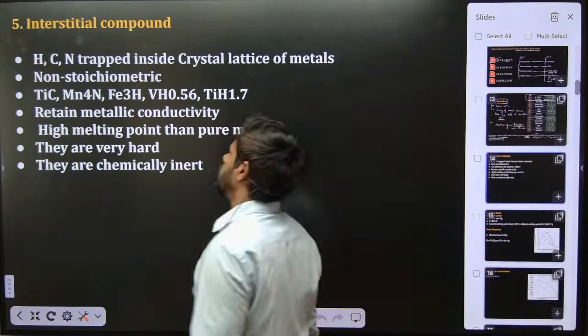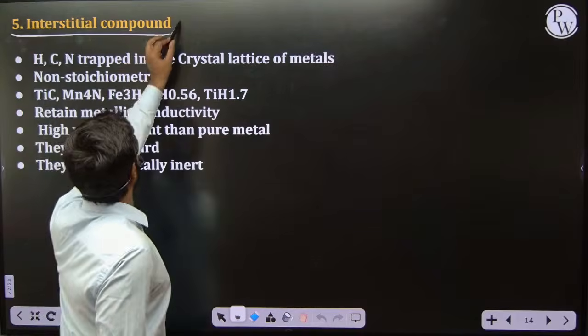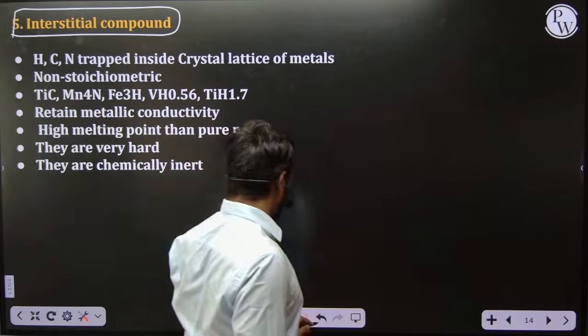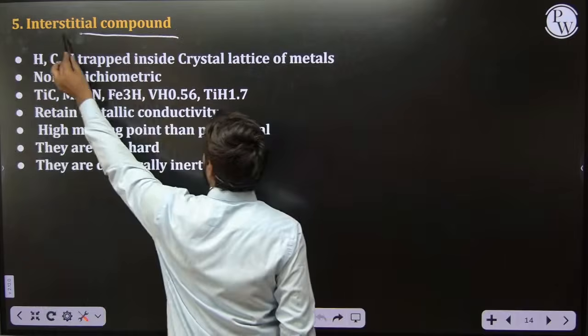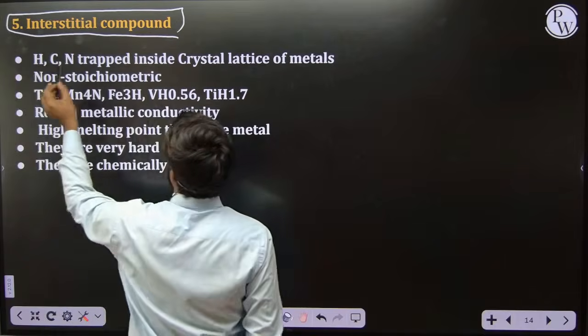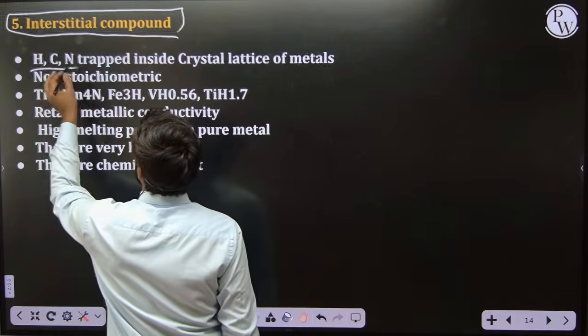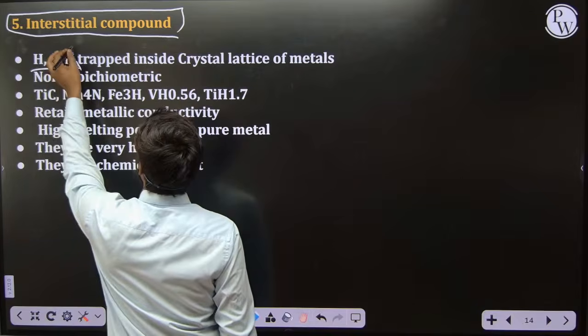Next are interstitial compounds, those compounds which are formed by adding a small amount of hydrogen, carbon, nitrogen, and we can take boron also.